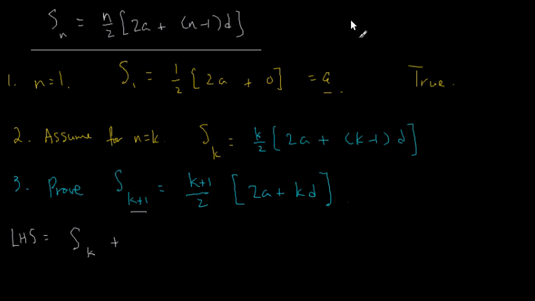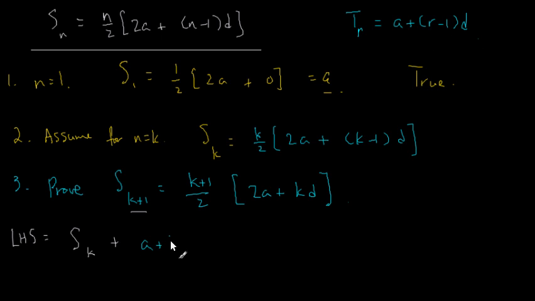So the k plus 1 term, what is that? Let me recall the formula for the nth term, or the rth term. The formula for the rth term is a plus (r minus 1)d. Okay, remember this. So the k plus 1 term would be, when r is k plus 1, a plus (k plus 1 minus 1), which is k, so a plus kd.